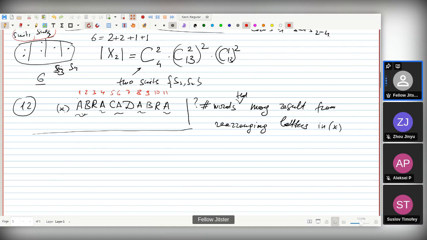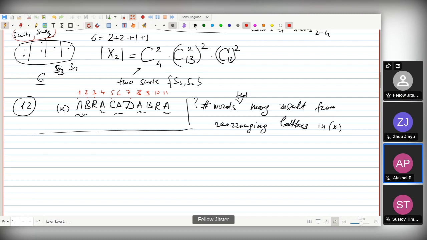A, B, R, C, D: 1, 2, 3, 4, 5. Yeah. We have 5 letter types, but 11 letters. So in principle, we have 11 factorial permutations, but not every permutation changes the word. Here lies the problem. How can we solve it?